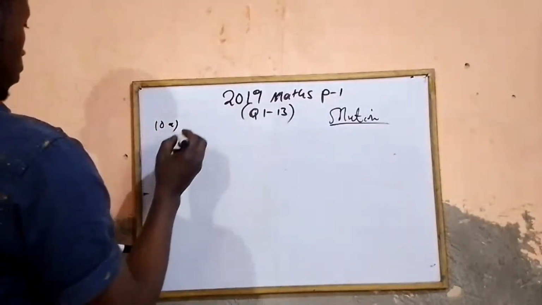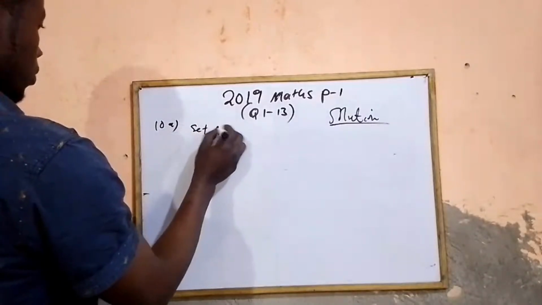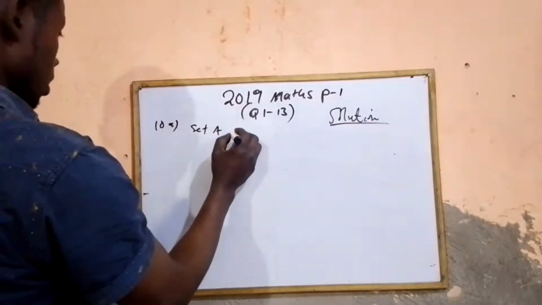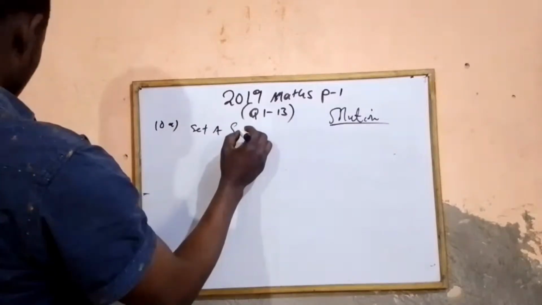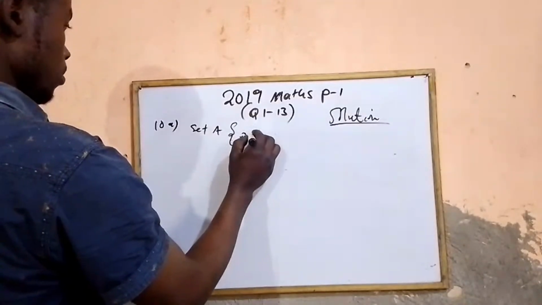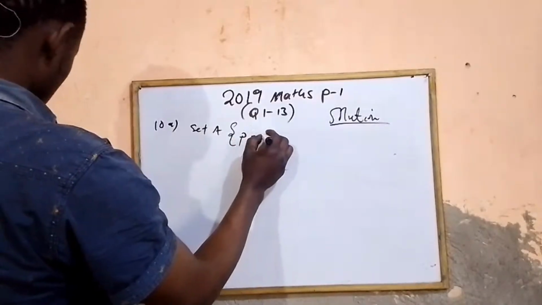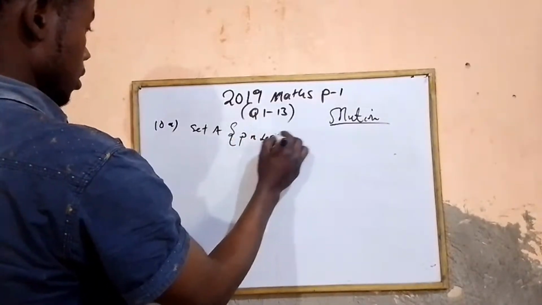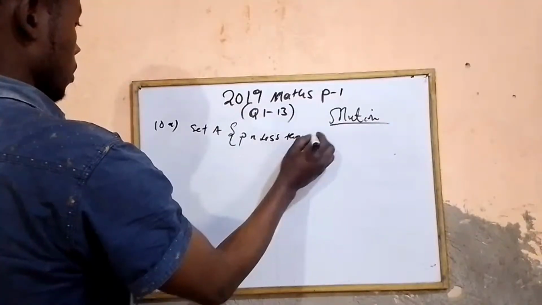We're told we have set A, which has the prime numbers which are less than 12.